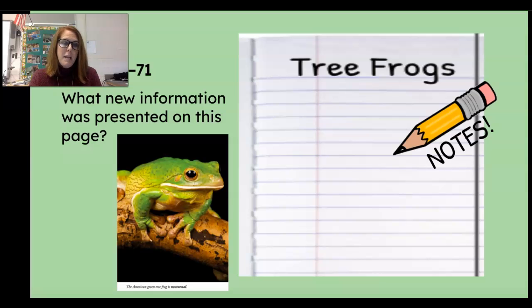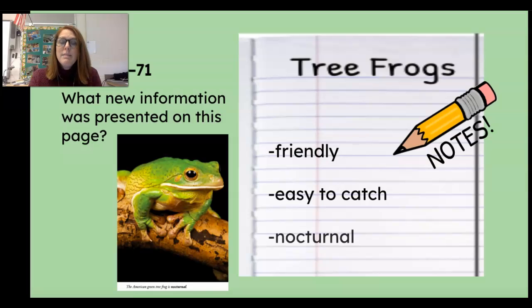And there's the picture from page 71. The American green tree frog is nocturnal. That sounds like it's an important thing for us to write down, doesn't it? We also learned they are friendly, easy to catch, and nocturnal. So make sure you have those notes written down.